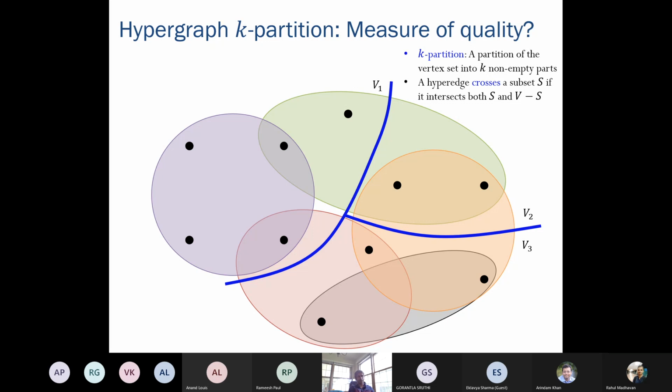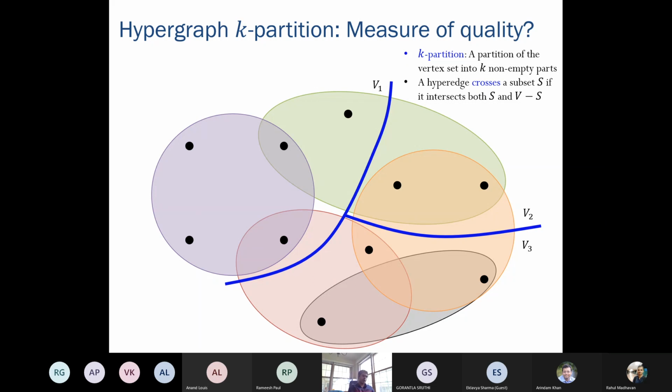Hyperedges crossing V2 are green and orange. Hyperedges crossing V3 are red and orange. We will also say that a hyperedge crosses a K partition if it intersects at least two parts of the K partition. In this example, the hyperedges crossing this 3 partition V1, V2, V3 would be green, red, and orange.